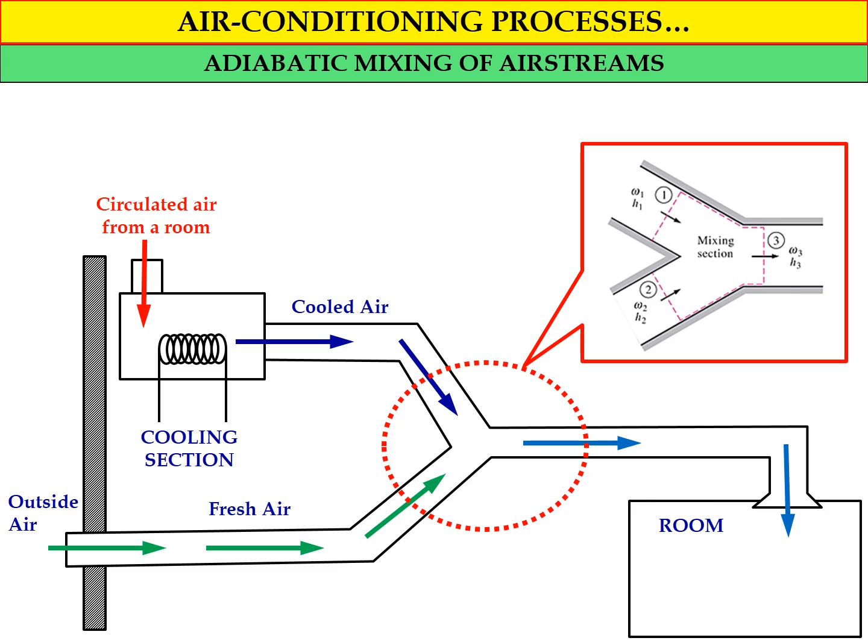The inlets are represented by state number 1 with omega 1, H1, T1, and state number 2 with omega 2, H2, and T2. At the outlet we have state number 3 with omega 3, H3, and T3. The dashed line represents the system boundary for the mixing section.